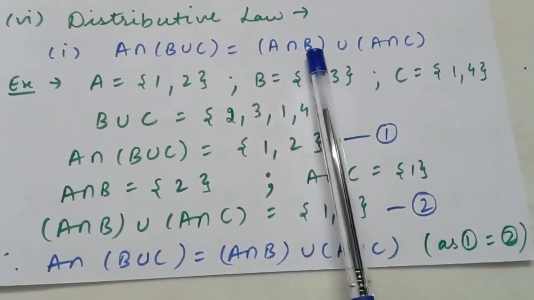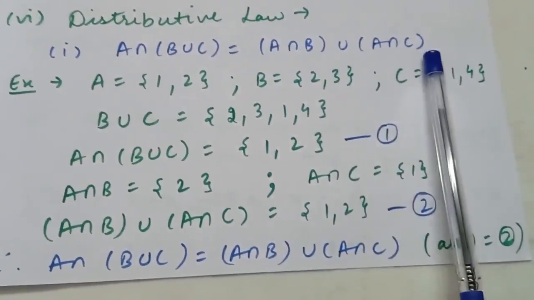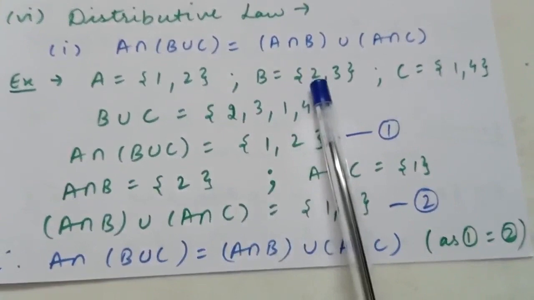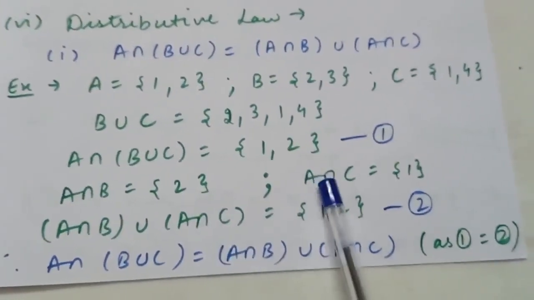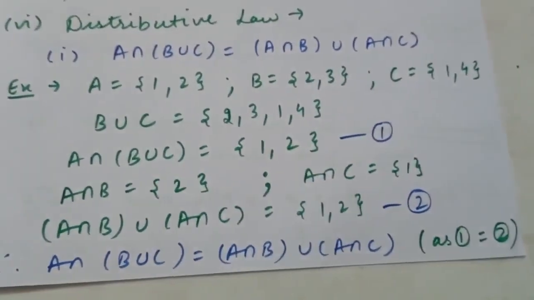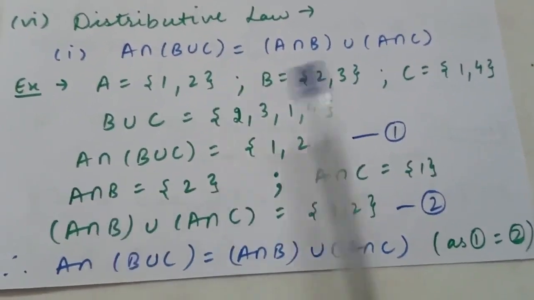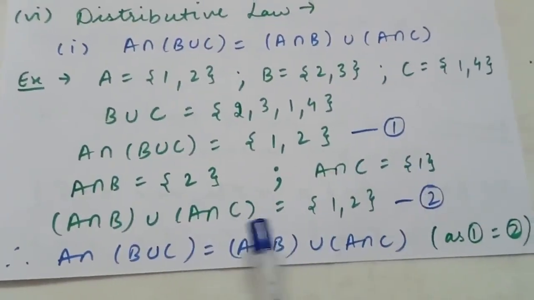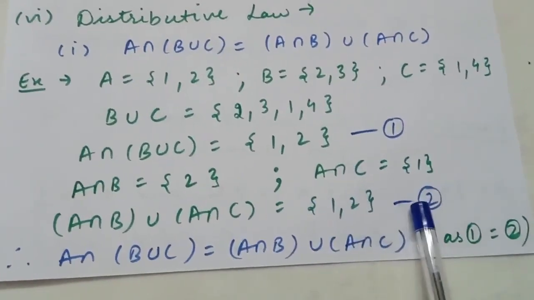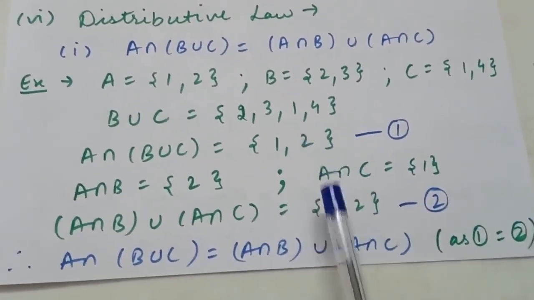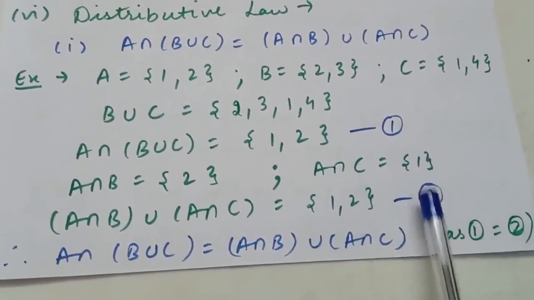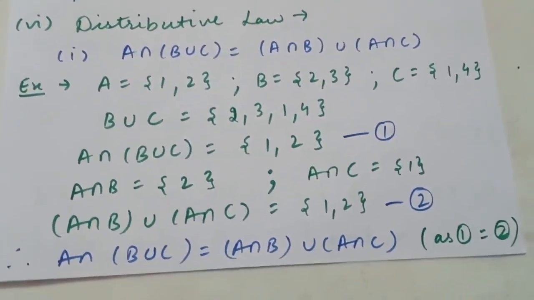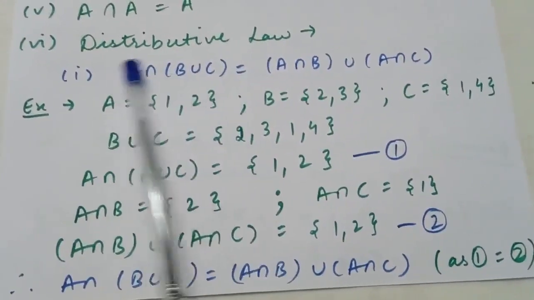Now we will find A intersection B and A intersection C. The intersection of A and B, you can check, is {2}. A intersection C is {1}, right? Now the union of these two sets will be {1, 2}. Let this be second. As first and second are equal, these two sets will also be equal. This is known as the distributive law.